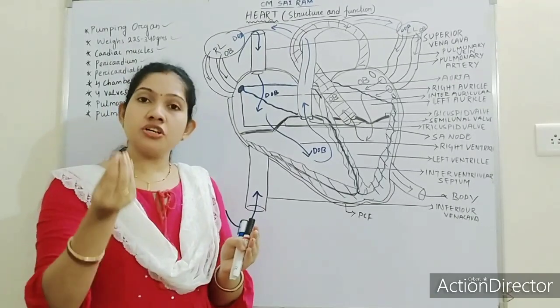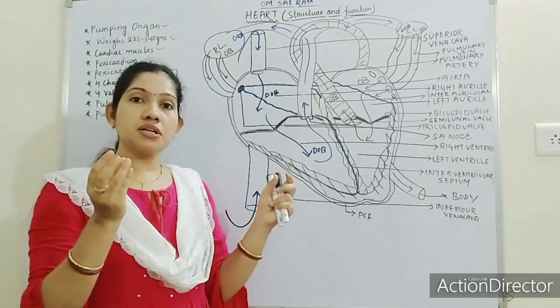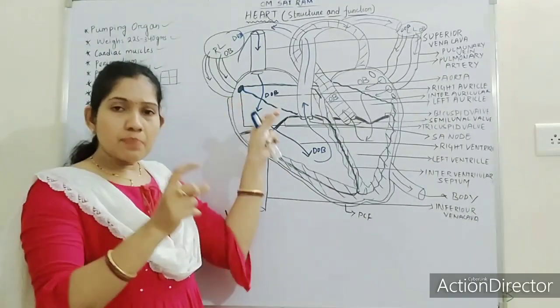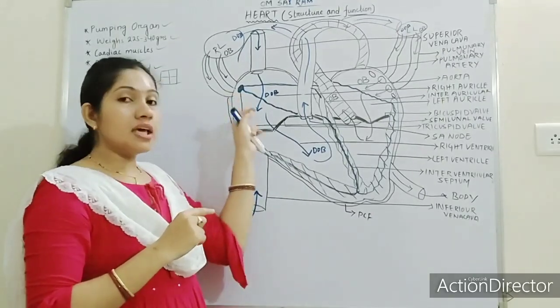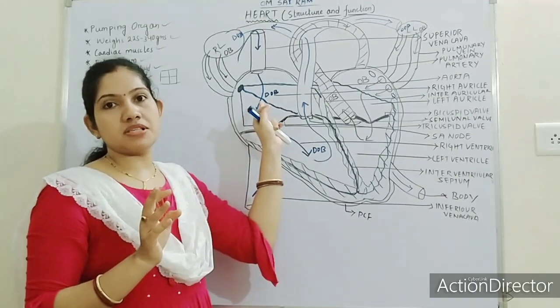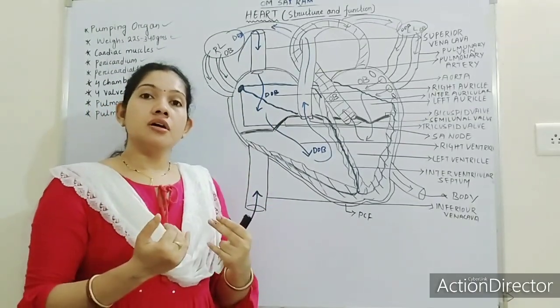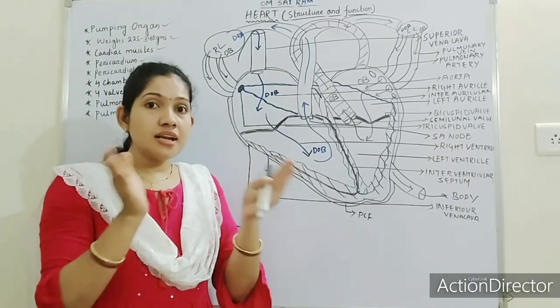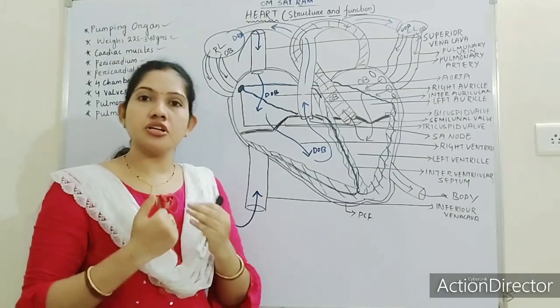So an artificial pacemaker is injected, or applied, at this site. So the SA node is nothing but a pacemaker. It is a natural pacemaker which helps to maintain the rhythmic contraction and expansion of the heart.